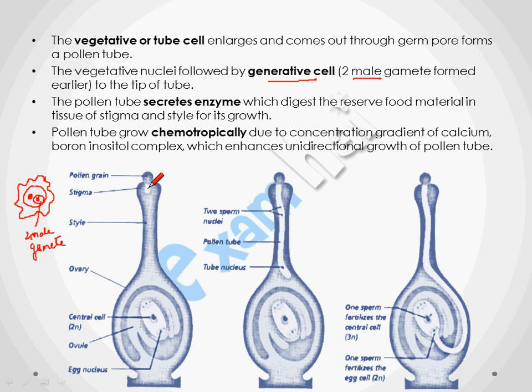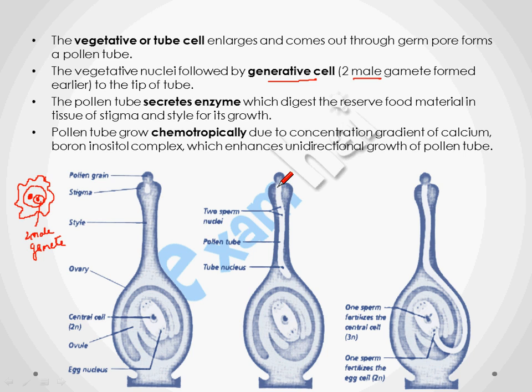Also, the pollen tube secretes some enzymes which digest the reserved food material in the stigma and style for its growth. This whole area is packed with food material, so the pollen tube releases enzymes to lyse and digest this area, and the pollen tube can grow easily.